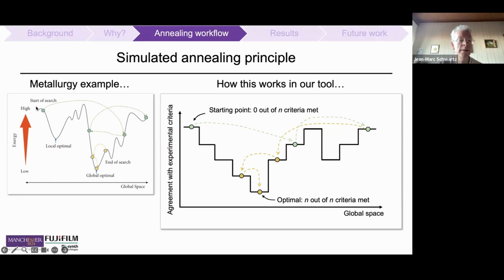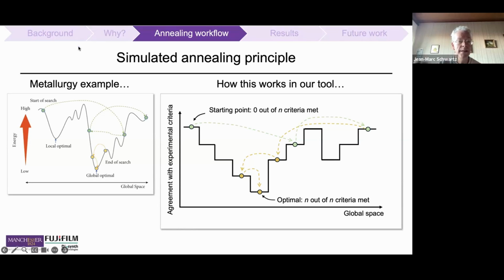So we start with an arbitrary solution, and then the algorithm will randomly mutate or randomly change the initial solution by changing some of the values, and then check if the new solution is better than the initial one, then it is accepted for the next step. But also, even if the new solution is not necessarily better, it can be accepted with a certain probability.